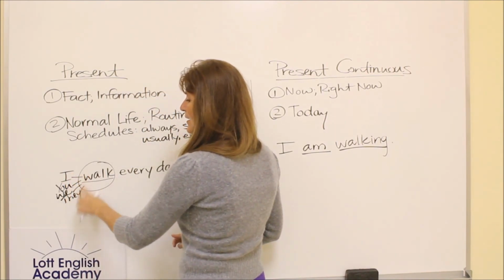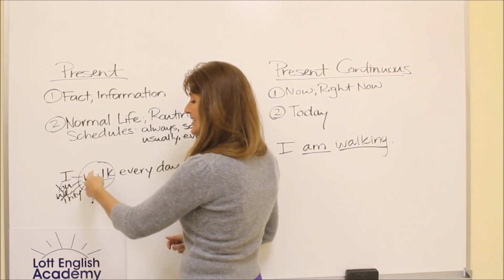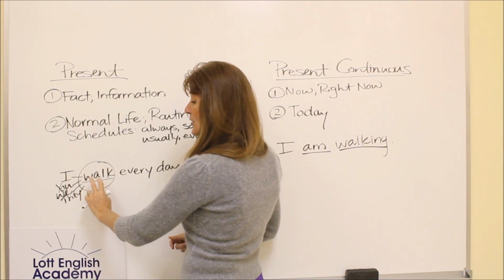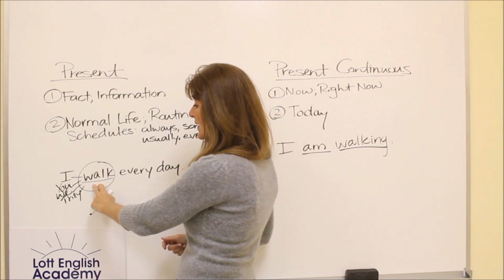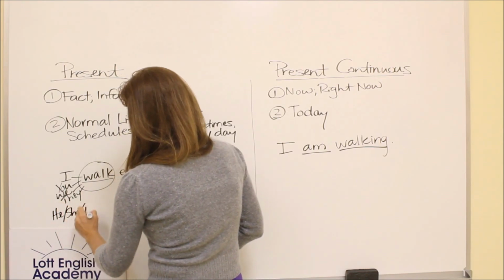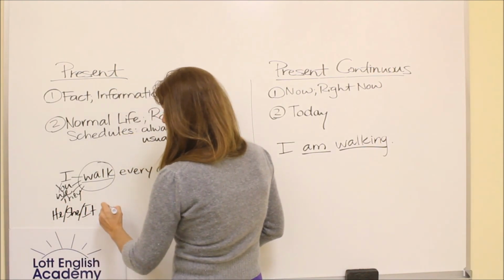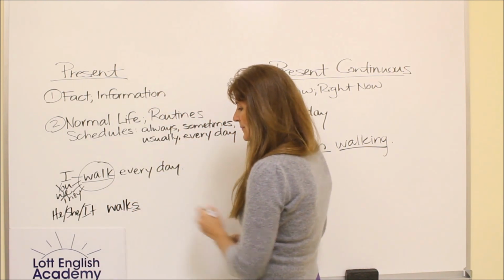So we could put all of these different people into this sentence, and the grammar's perfect, just with this base form of the verb. Now, if we want to say he, or she, or it, we need to put an S onto the verb.